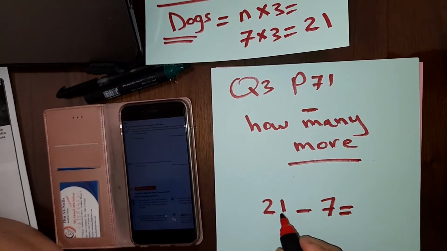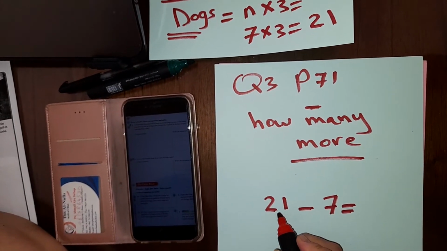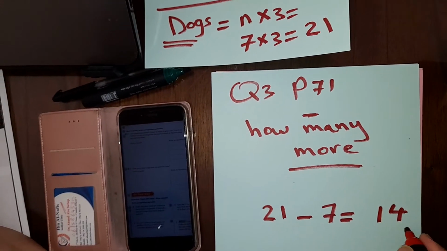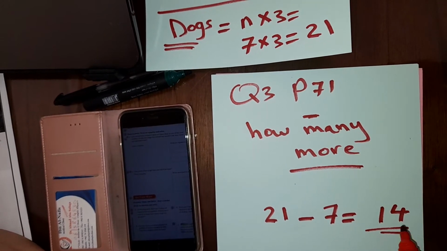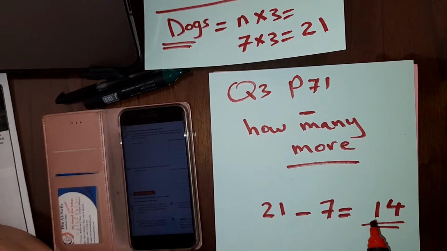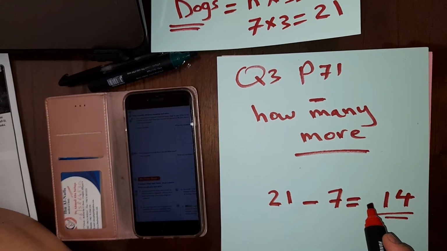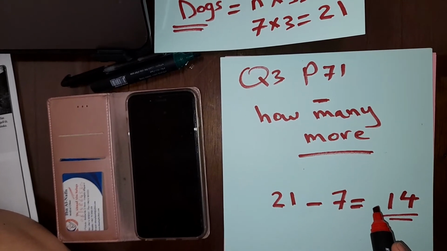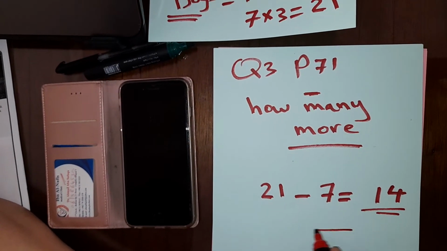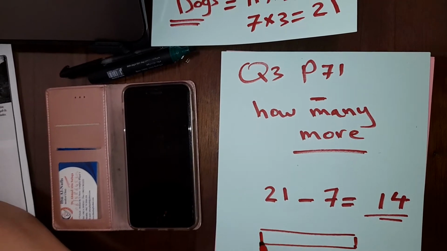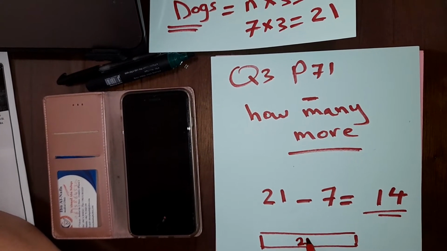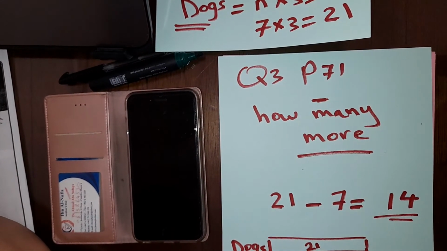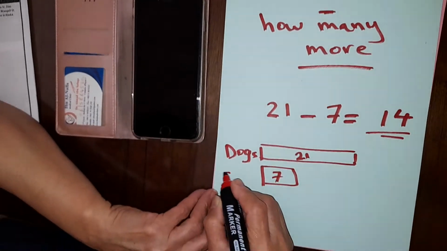1 minus 7 you can't, so it will be 11. 11 minus 7 is 4. And this will go down. So the difference between the cats and the dogs is 14. They said how many more she trained? Kim trained 14 more dogs. I can draw like that, and I will write here 21, because here are the dogs and the cats are only one box with 7 cats.